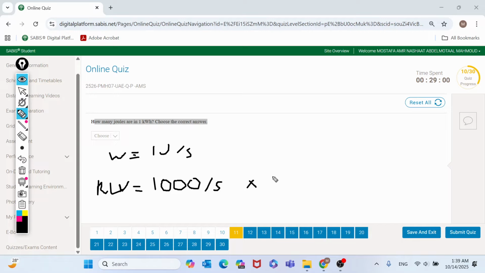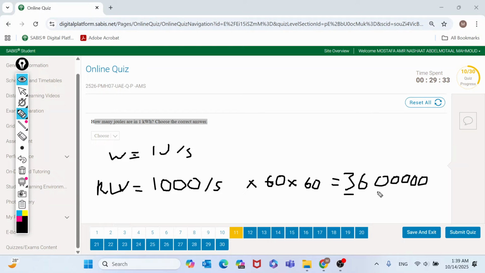An hour is how many seconds? An hour is 60 minutes. Each minute is 60 seconds. So it's going to be equal to 1000 times 60 times 60. You get a big number again, 3,600,000, five zeros.